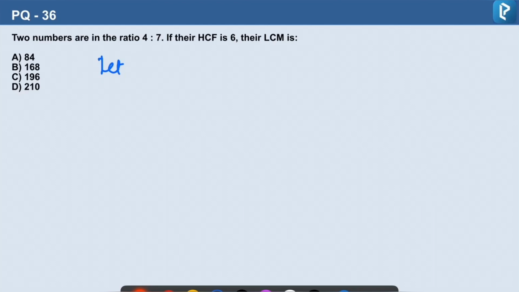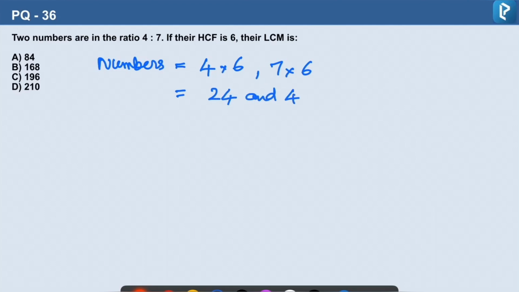H is given here directly as 6, so we can directly find the numbers. The numbers are 4 into 6 and 7 into 6, so 24 and 7 sixes are 42. So these are the numbers.